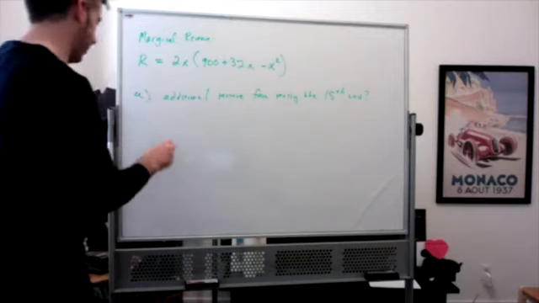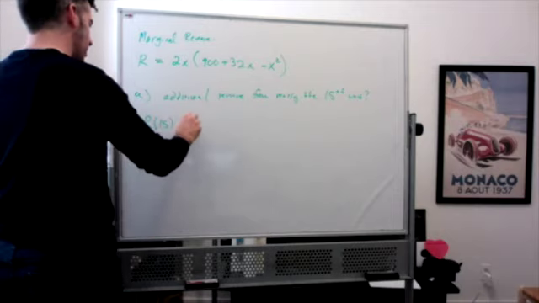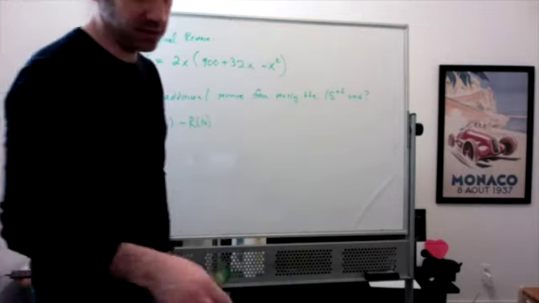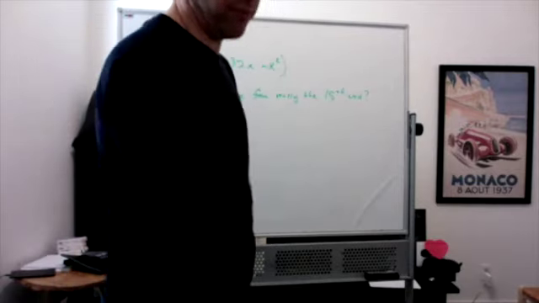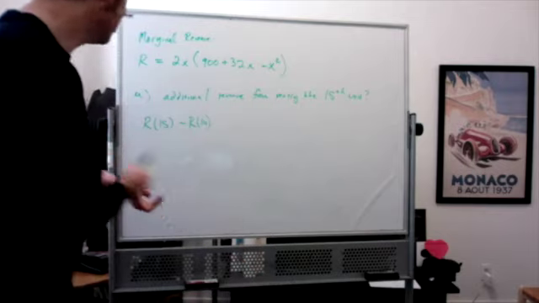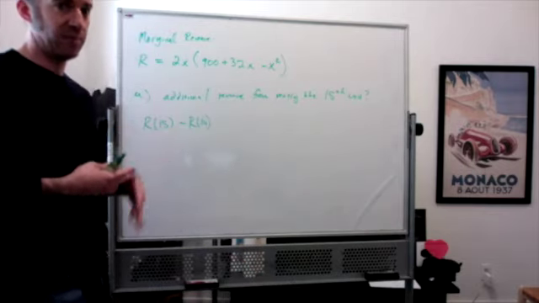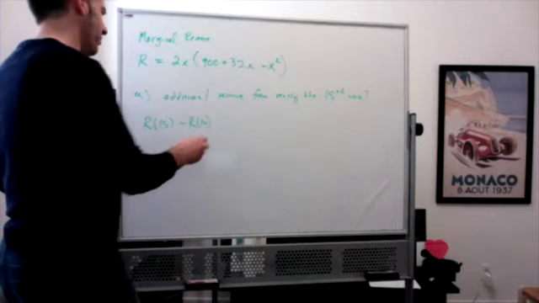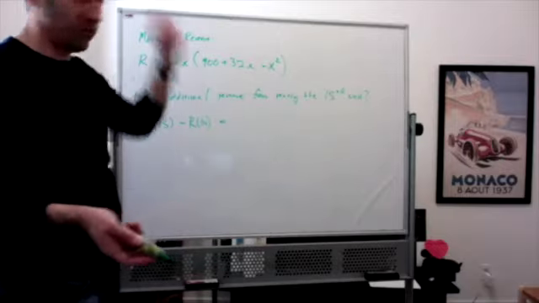They phrase it more specifically: find the additional revenue when the number of rentals is increased from 14 to 15. So all we're doing is figuring out the revenue when there's 14, the revenue when there's 15, and subtracting to find the difference. This is not a calculus question. This is just throwing the numbers into the formula and seeing what you get.